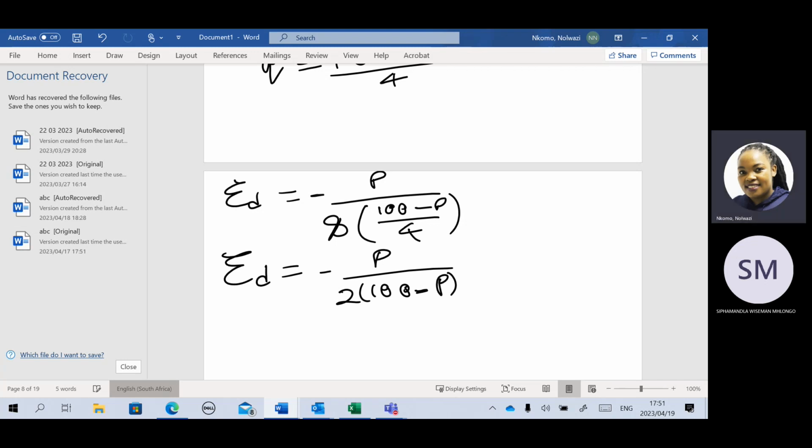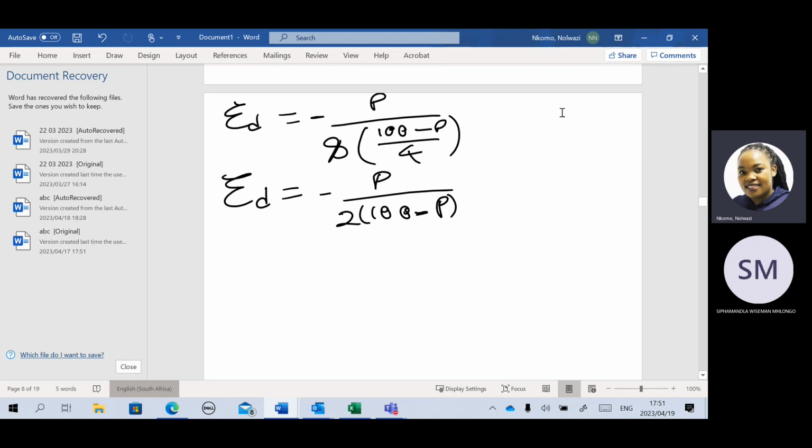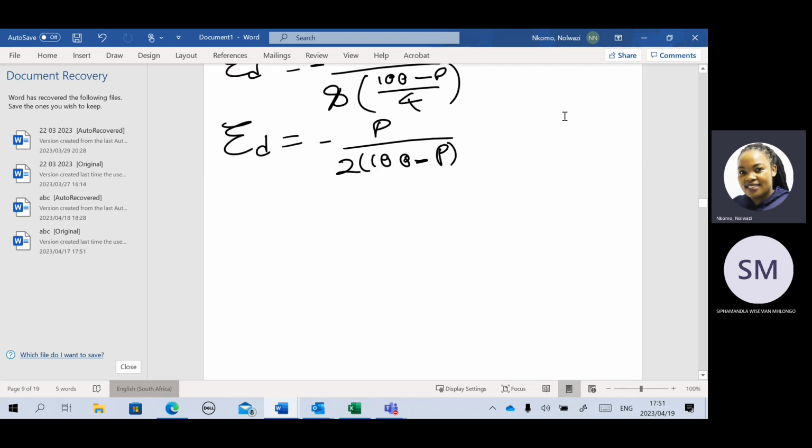This is what you will get as the elasticity of demand. Remember, we were asked to determine the elasticity of demand at 3 points: P equals 20, P equals 90, P equals 200.